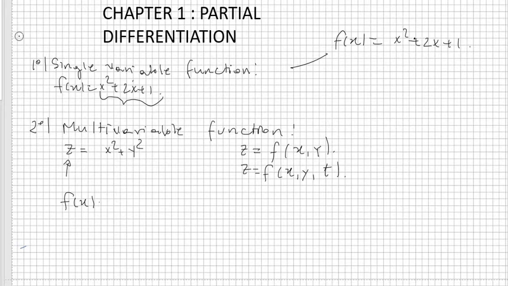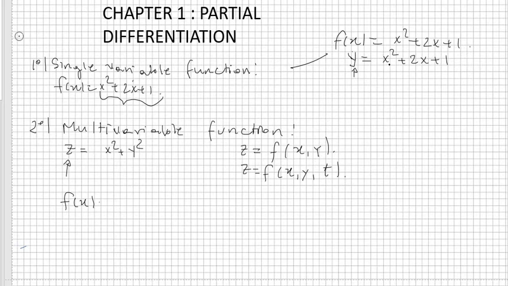We cannot apply any operation of partial derivative because it is a single variable function. If we need to derive this function, we can call that function y. So y represents the name of the function. It's not a variable, but here we only have one variable, which is x. So you have the function y equal to x squared plus 2x plus 1.